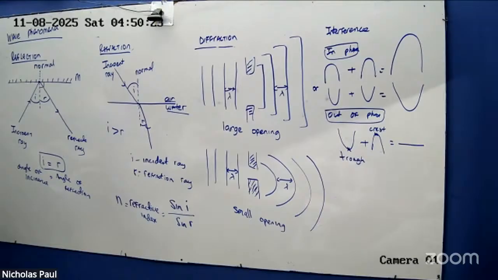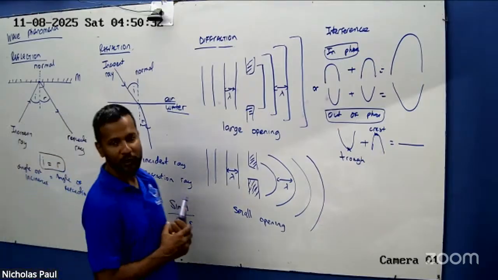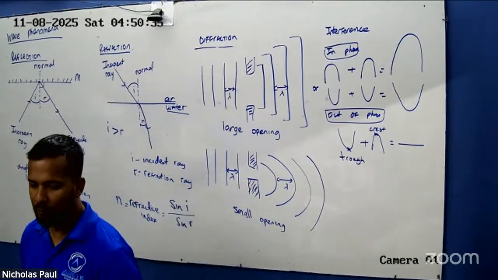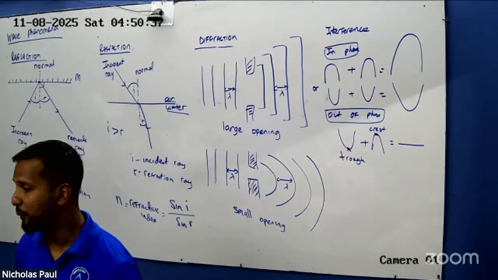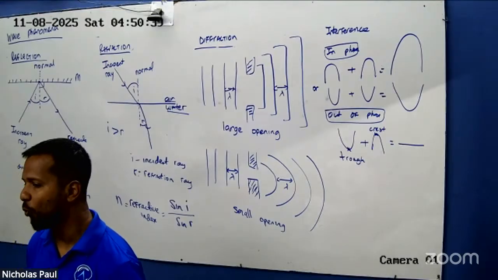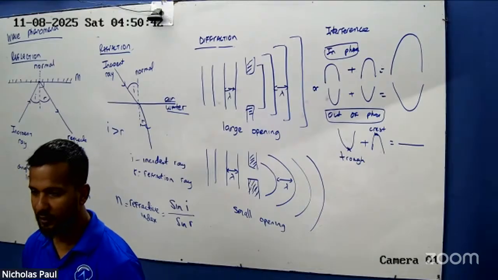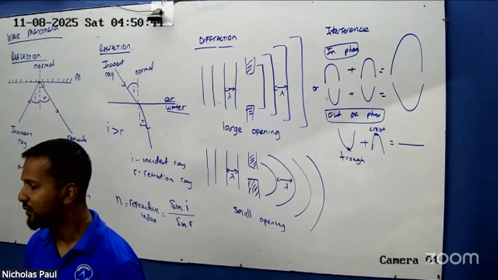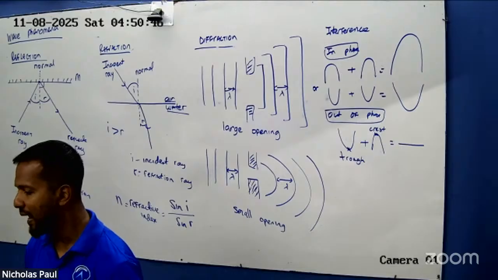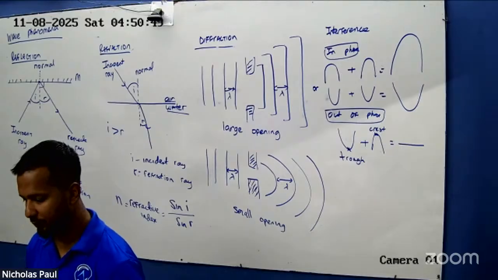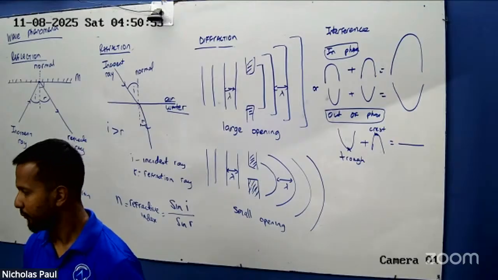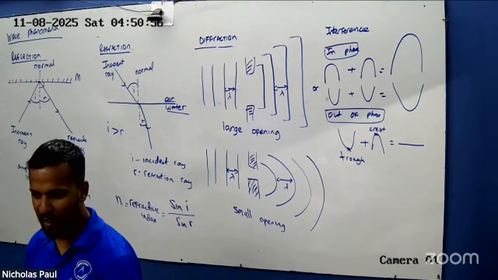First up. Light was believed to only have wave properties until, does anybody know the experiment that changed it up?